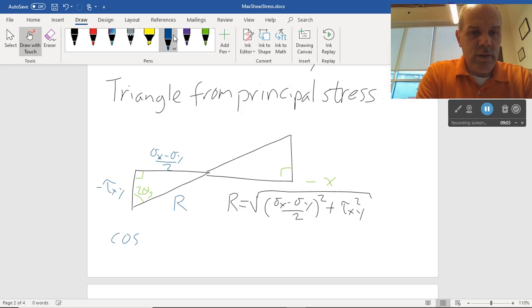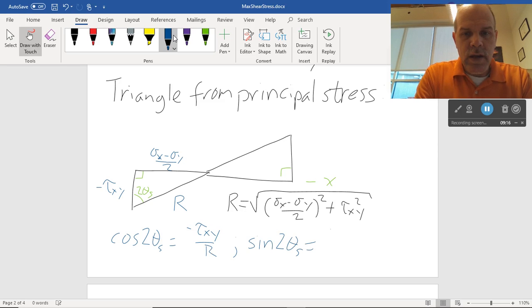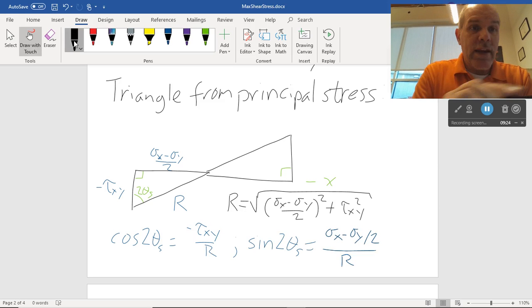So cosine of 2 theta s, in this case, is going to equal minus tau xy over r. Sine of 2 theta s is going to equal sigma x minus sigma y over 2 divided by r. Okay, great.